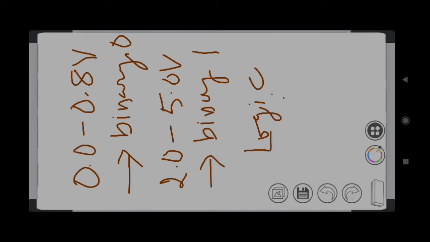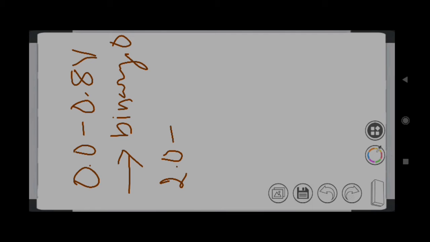Next, we are talking about logic gates. What is meant by a logic gate? Let us try to give the correct definition of a logic gate.